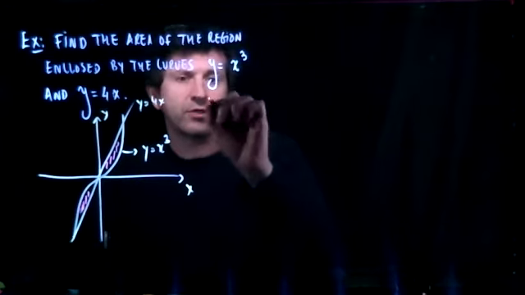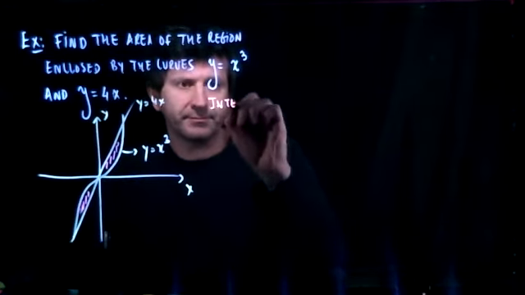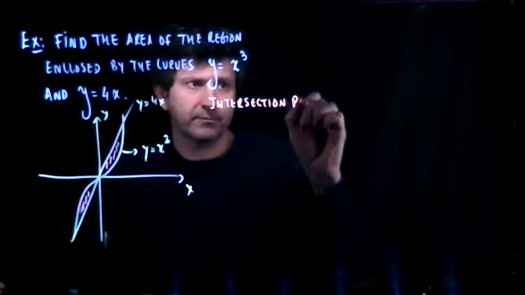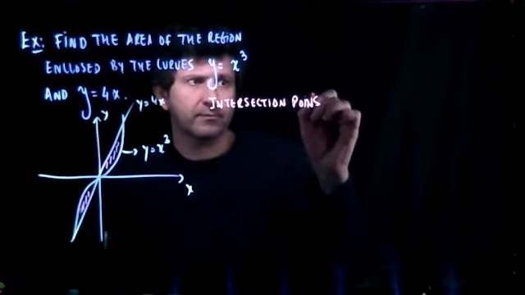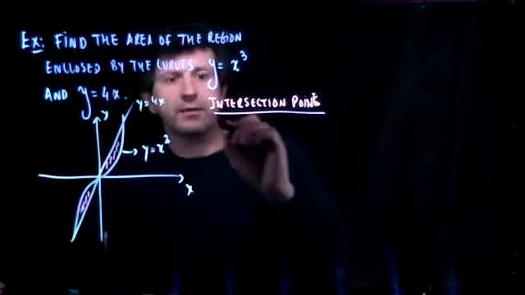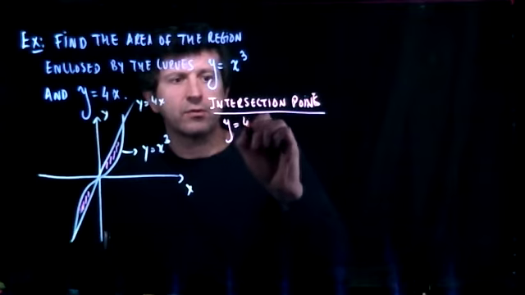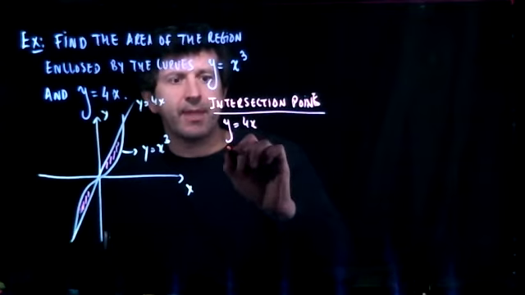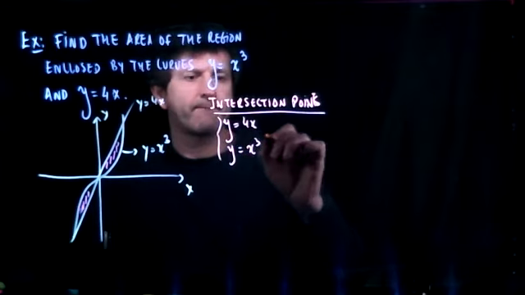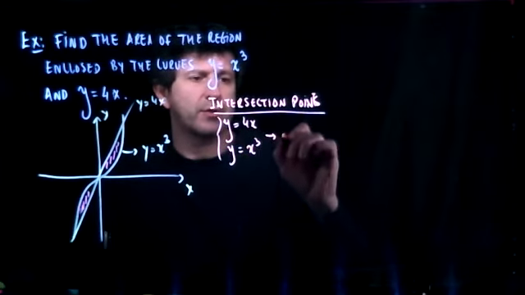So let's find the intersection points. Again, I solve the system y equals 4x and y equals x cubed. I do a comparison.